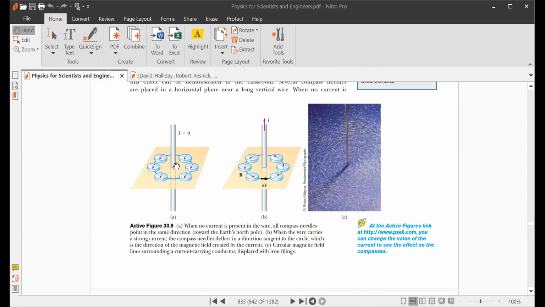Okay, just consider, for example, a wire with I equal to 0, and this compass.